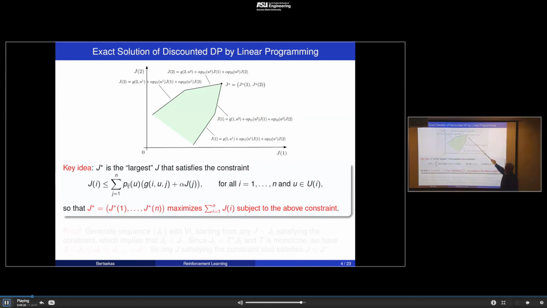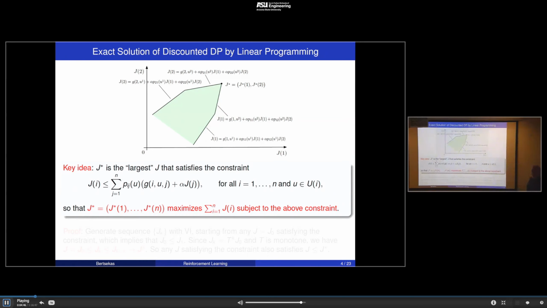It's a pointed corner. And therefore, if I maximize the sum of the components of J, which is like pushing this hyperplane all the way towards the corner, I'm going to find J star. The hyperplane could be slanted also, which corresponds to different weights on these components. So if I go in this direction, I'm going to get where I want.